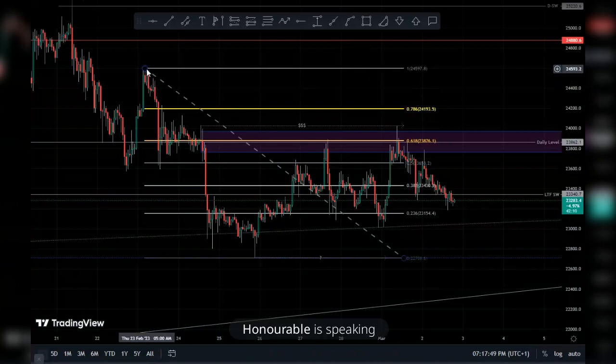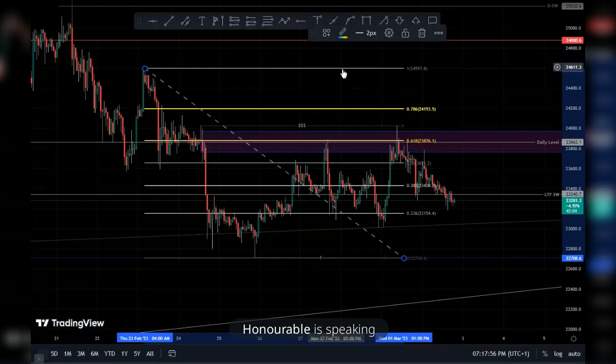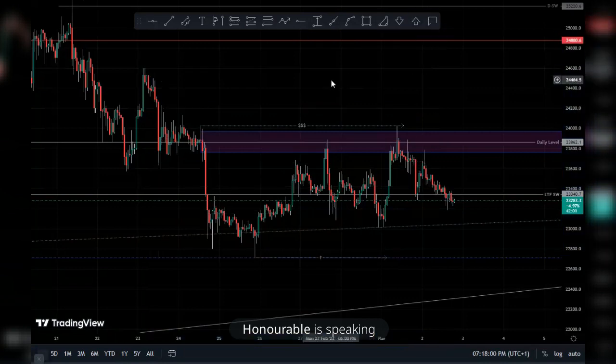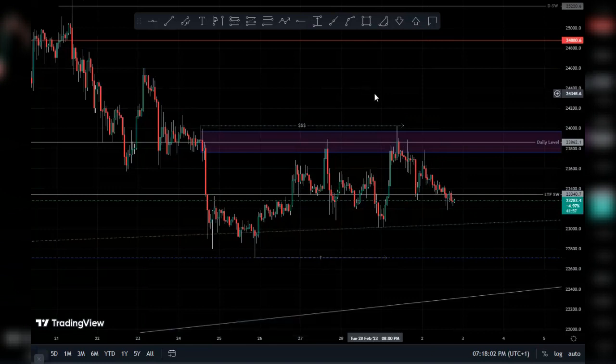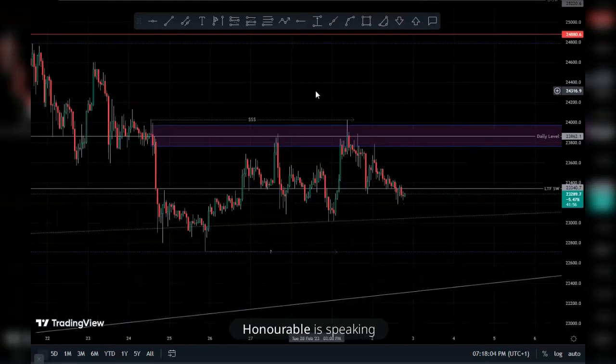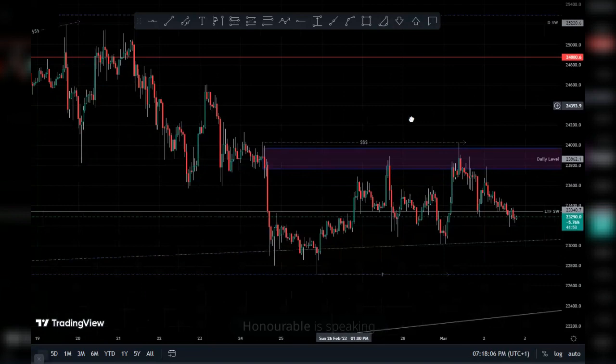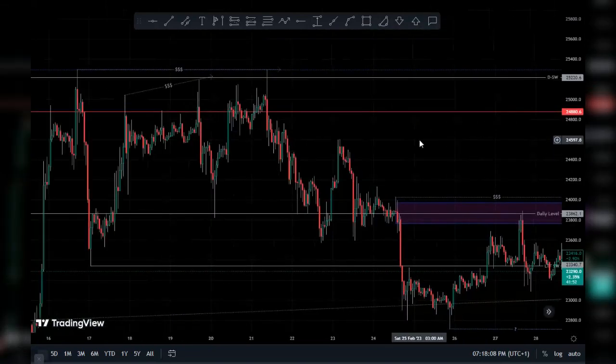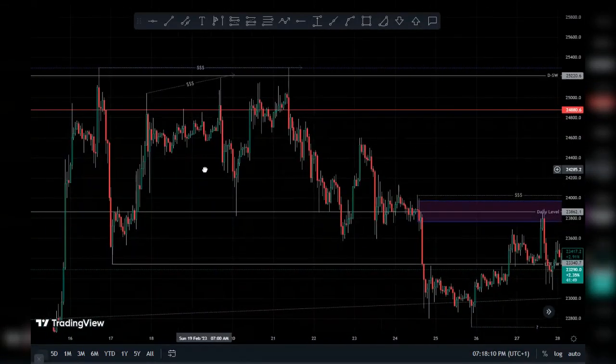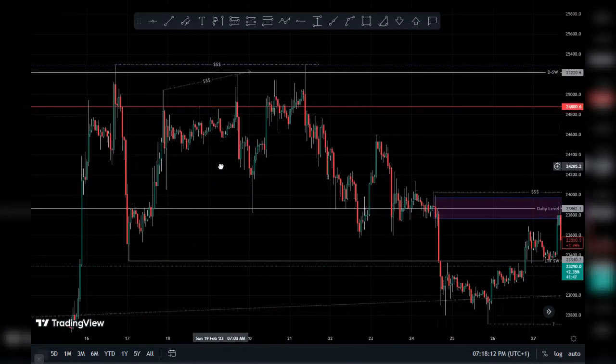For a bullish scenario, let's look at something here. Let me take this off now. Let me get something for a bullish scenario for each time.